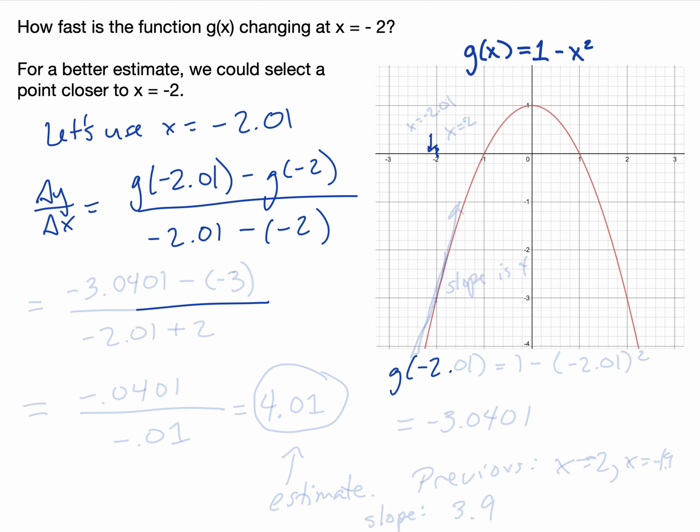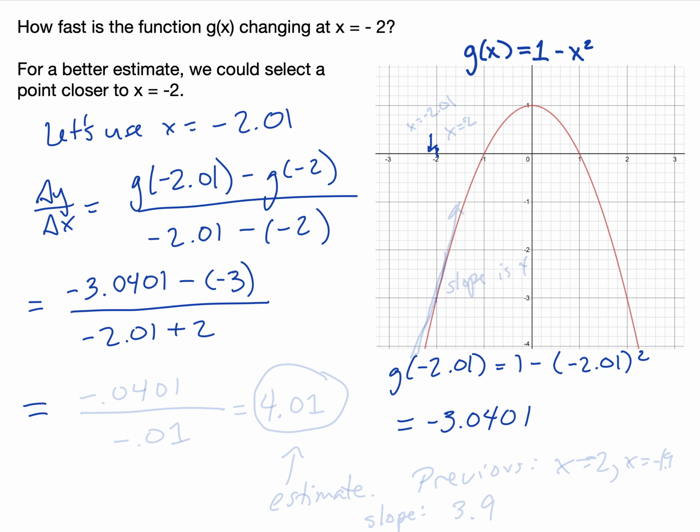G of -2.01, that's 1 minus -2.01 squared. And that will give us -3.0401. So plugging in, we've got g of -2.01 is -3.0401 minus g of -2 is -3 divided by -2.01 minus negative, so plus 2.